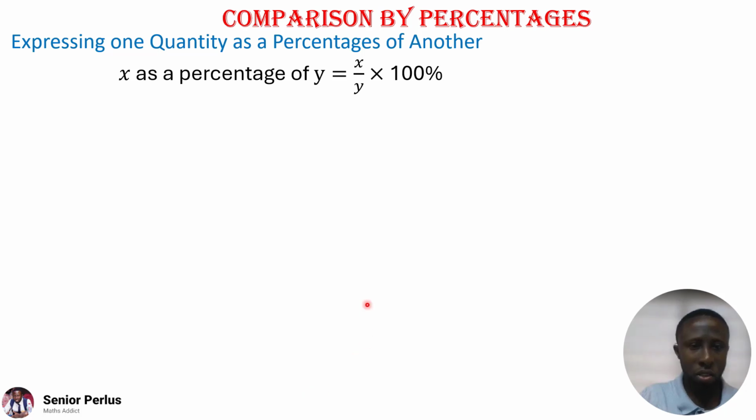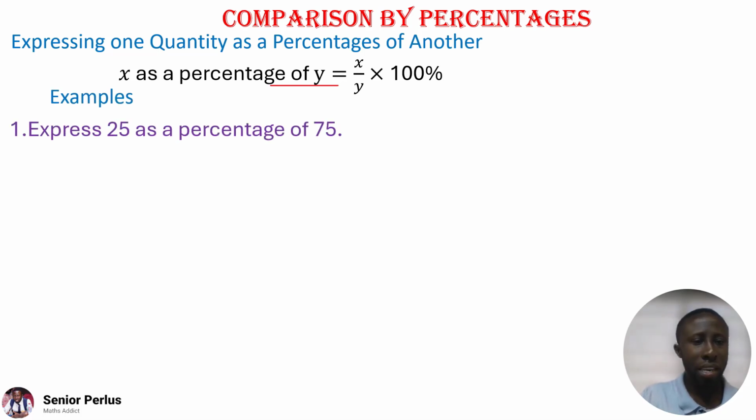Now, let's take note of this. We are saying percentage of Y. Why is Y the denominator? It is because of the word 'of': of Y, so Y comes as the denominator instead of S. Example 1.